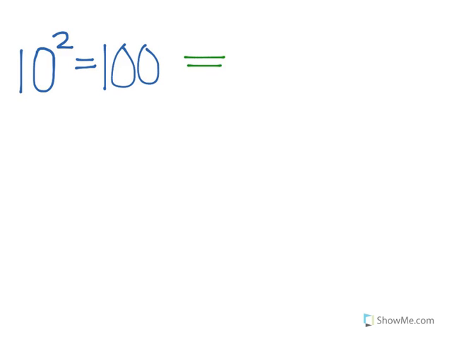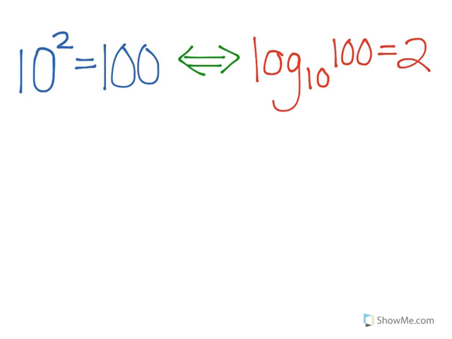Alright, so here are a couple more examples to help with converting from exponential to log function. We know that 10 to the second is 100. So this means that the inverse of this as a log function is going to be log base 10 of 100 equals 2. Next example, 10 to the 0 equals 1.